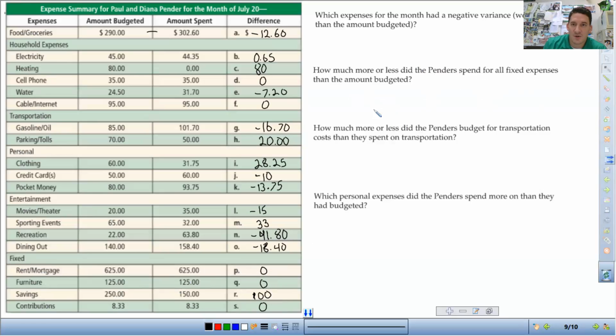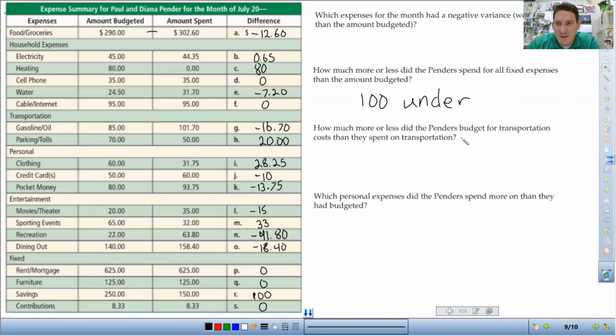They were $100 under budget. They spent $100 less than what they had budgeted. Other than that, they didn't put that 100 into savings. Not necessarily a good thing, but they were under budget.